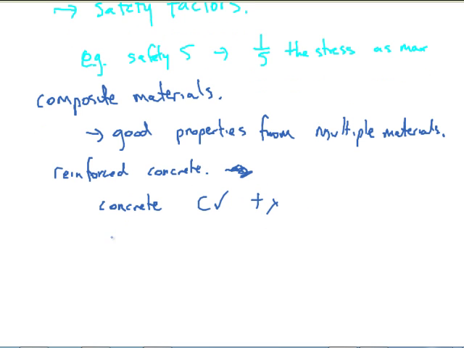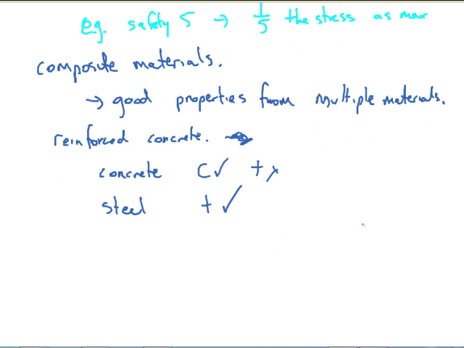So we put steel bars in, and their tension is great. So wherever that slab is going to experience tension, that's where we want to reinforce it with the steel bars.